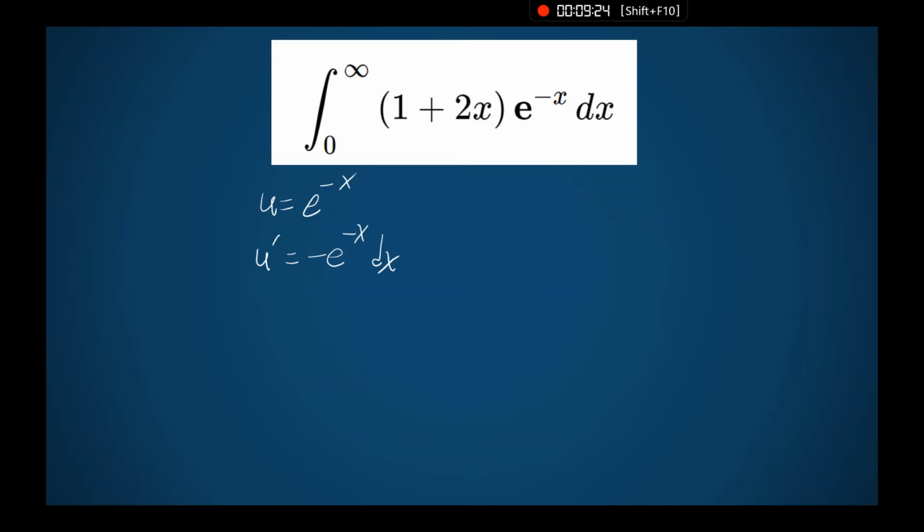I'm still left with that same power. Versus for my v prime and v, my v prime in this case would have to be 1 plus 2x. When I integrate that, it would be x plus x squared over 2 times 2 is x squared, right? So I'm actually getting more complicated right now instead of more simple. So I need to change up my u and v prime.